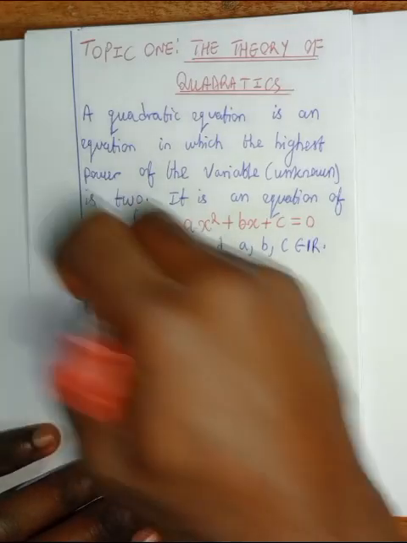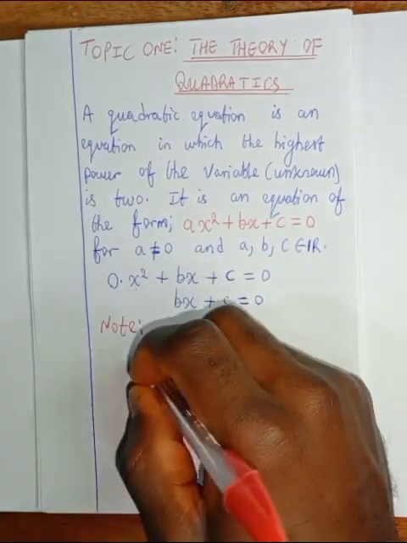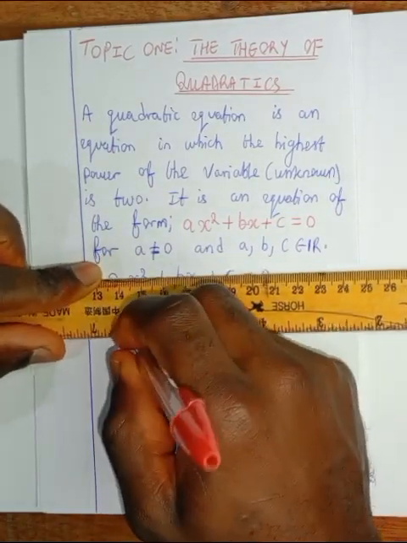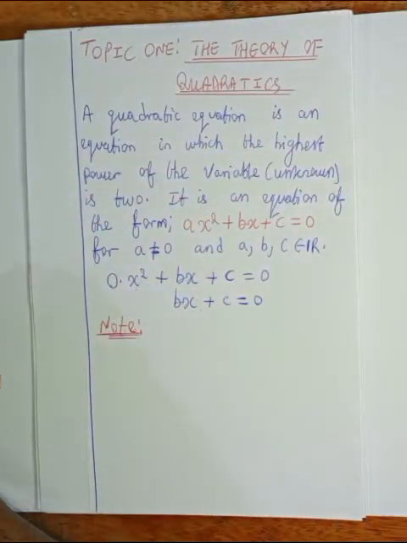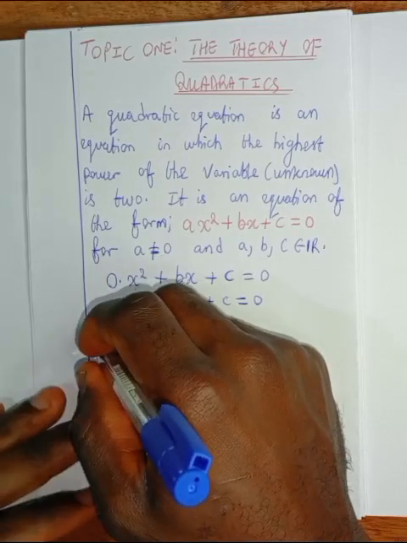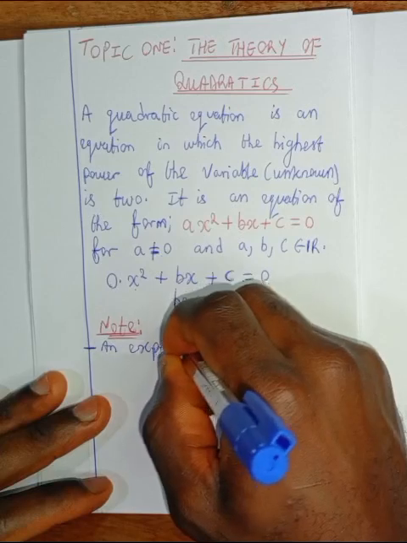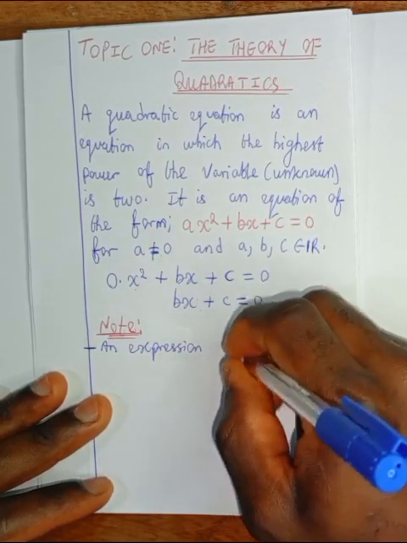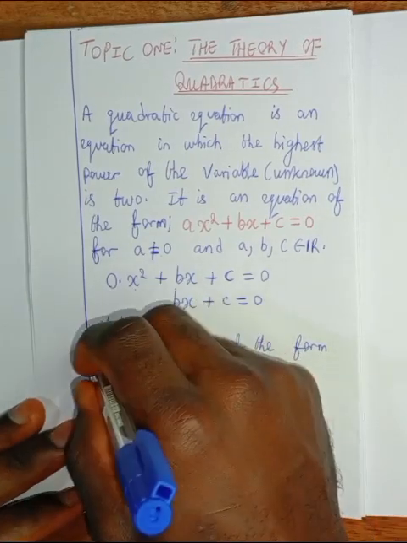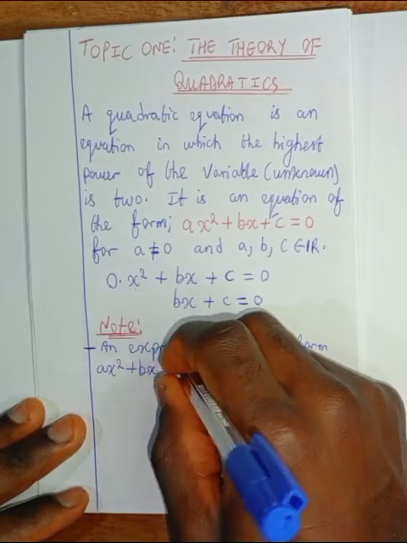Now we note the following, take this down. You take the first hyphen by margin, an expression of the form ax squared plus bx plus c.